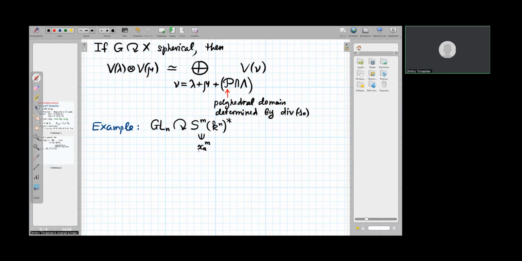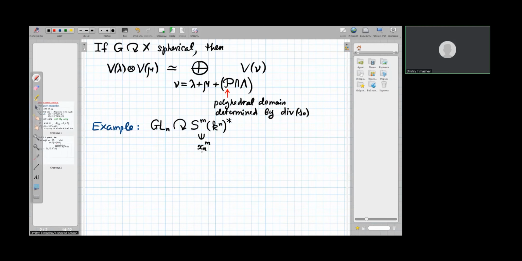This monomial of degree m is B semi-invariant because when GL_n acts on K^n, the standard Borel subgroup of upper triangular matrices leaves the last coordinate unchanged, maybe only multiplied by some factor. If you consider the action of an upper triangular matrix on a column vector, you will see that the last coordinate will only be multiplied by something. So the last coordinate considered as a function on K^n is B semi-invariant.